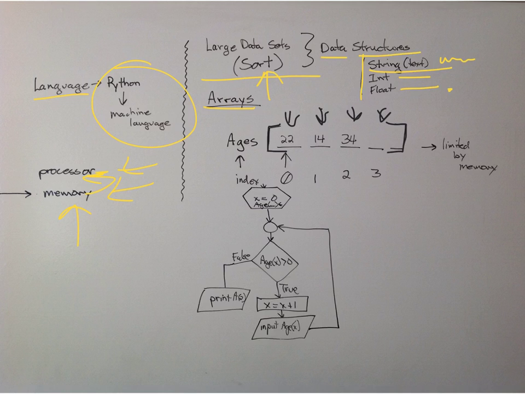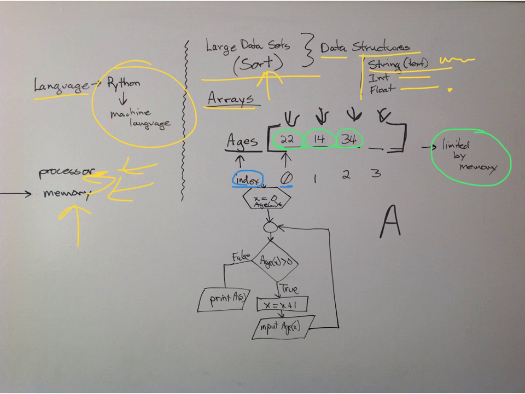So we can have one name represent lots of values, limited really only by your memory. And then we use an index to represent those values. Like ages, here's an example.